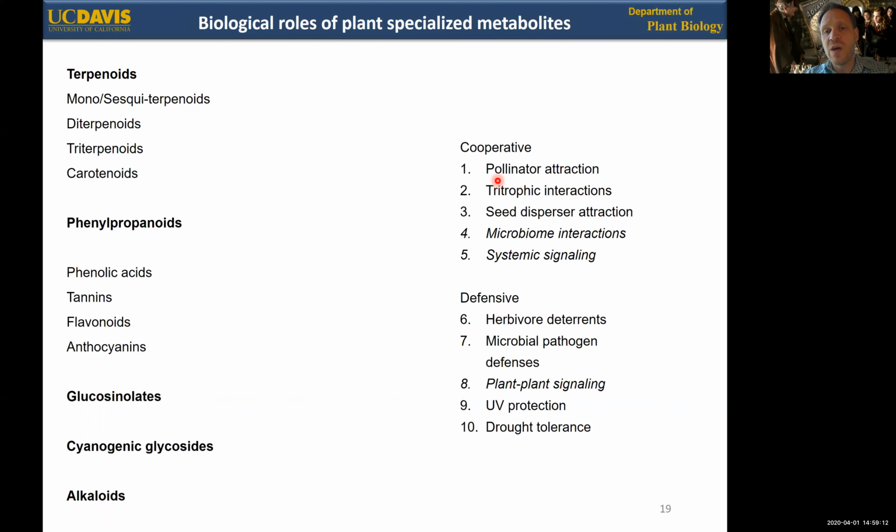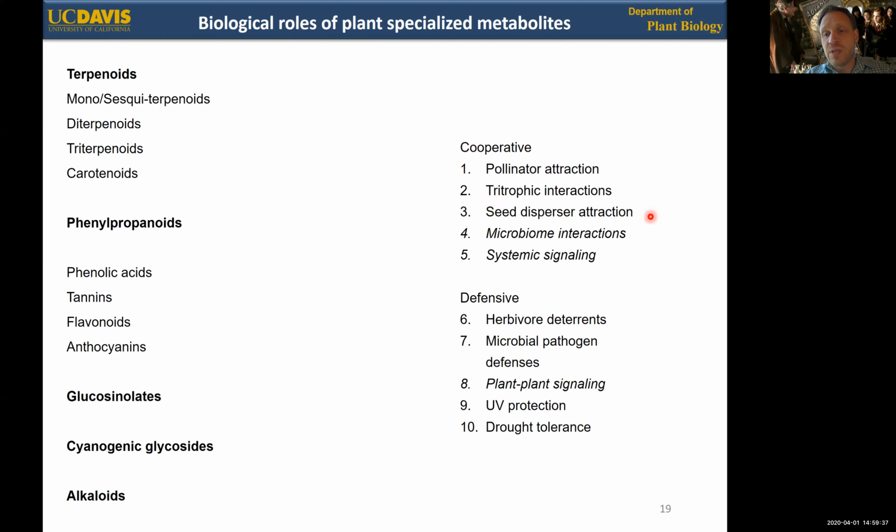Both pollinator attraction and these tritrophic interactions usually will include more volatile compounds that can be communication signals over a longer distance, right? And can be volatile enough to actually be transferred through the air. Then seed disperser attraction, these are all your pigments, your colors, right?